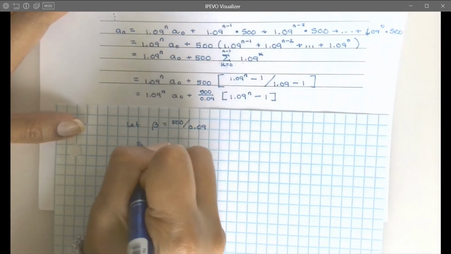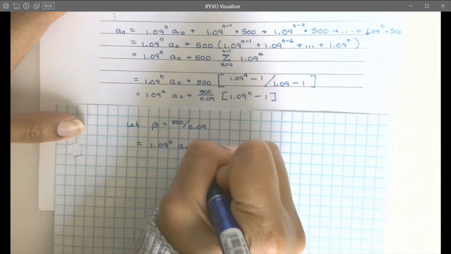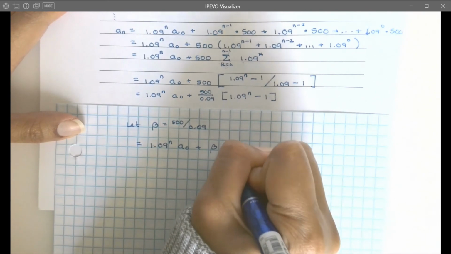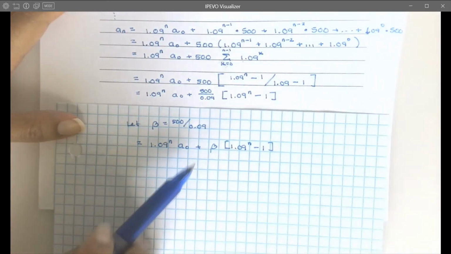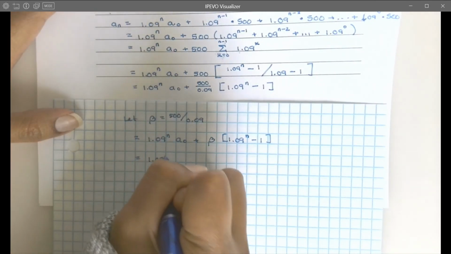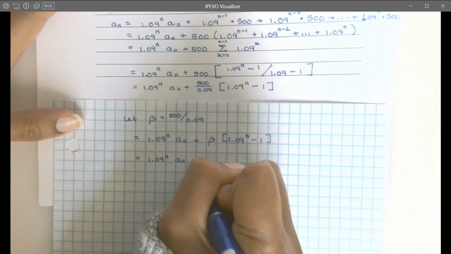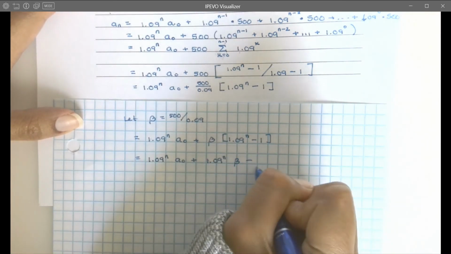Then this expression becomes 1.09 to the n A0 plus beta times 1.09 to the n minus 1. Distribute the beta, we get 1.09 to the n A0 plus 1.09 to the n times beta minus beta.